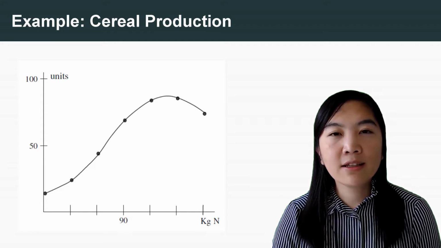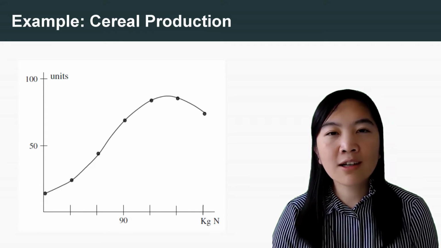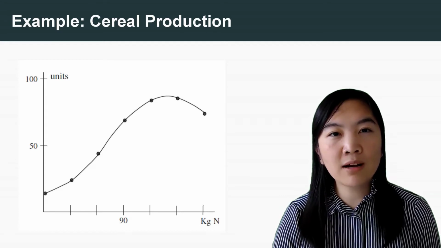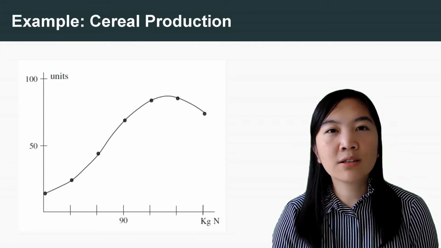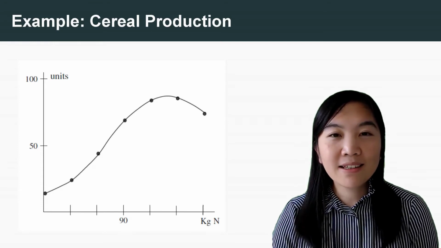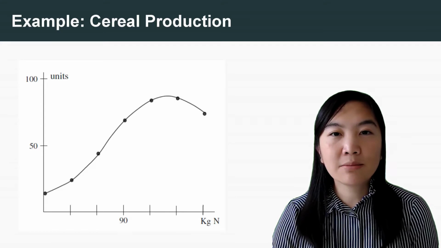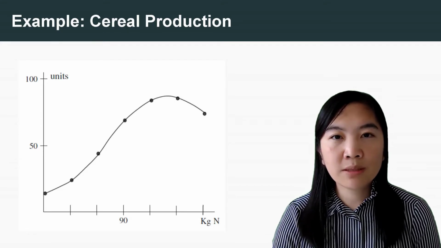But by then you will find out that it's not that intuitive with a 3D graph. And we can use some techniques called isoquant curves. And that is also okay for representing production relationships with one output and two inputs.